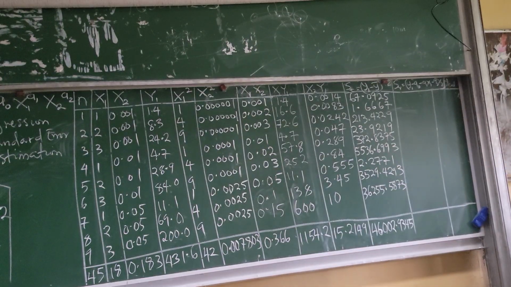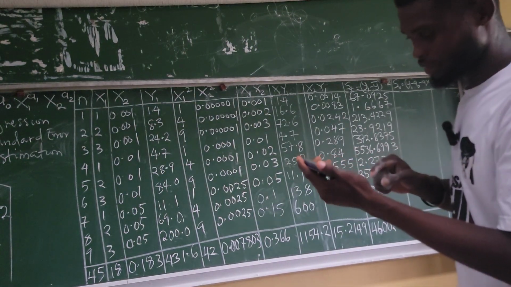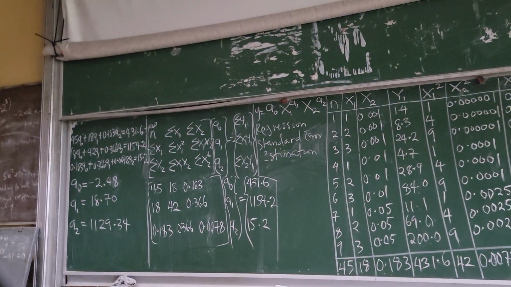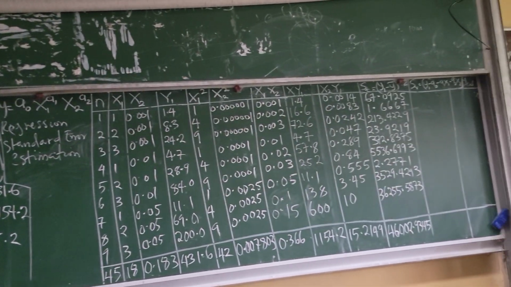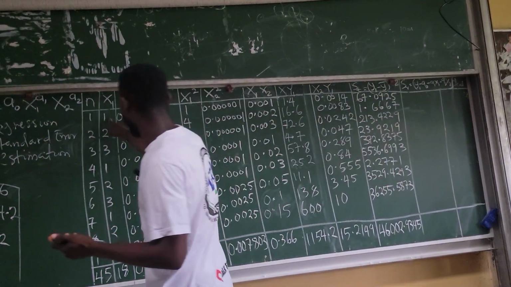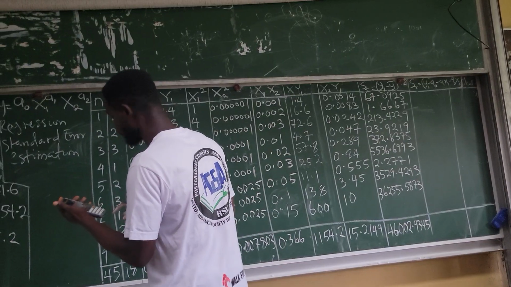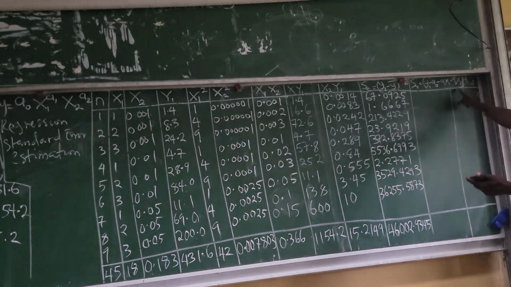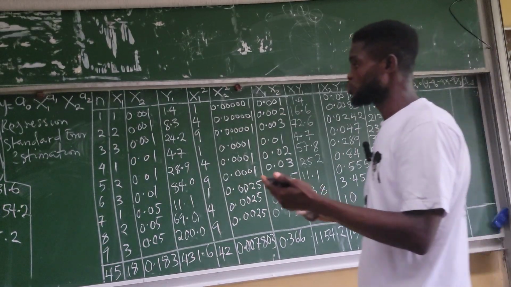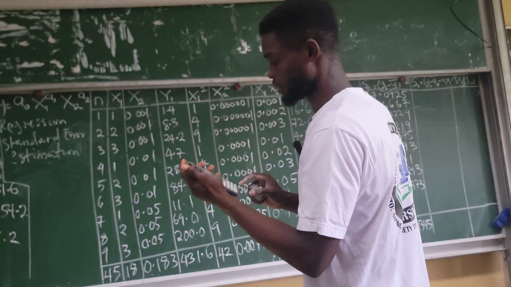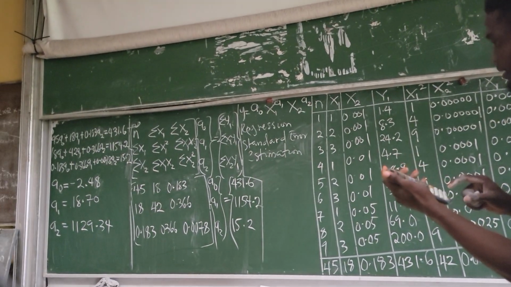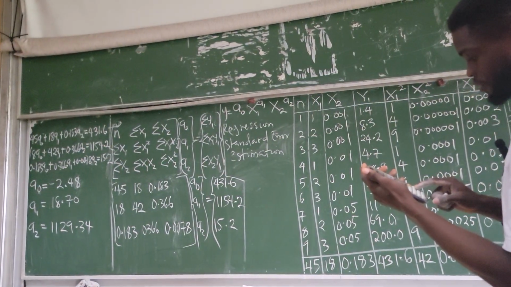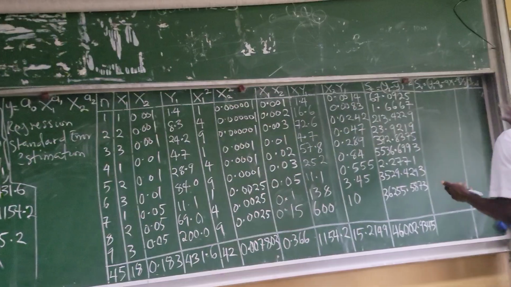Now A1 is what? Is 18.70. Now we multiply by our x1. X1 is what? 1. Multiply by 1. So minus our x2, that is A2. A2 is 1129.34 times our x2.